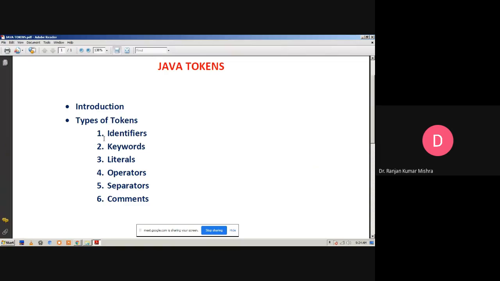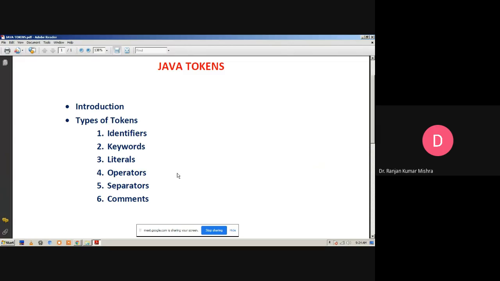Now we discuss operators. An operator operates on one or more variables and performs an action. It consists of words or symbols, for example arithmetic operators, relational operators, and bitwise operators. There are different operators supported by Java. So an operator is just like a symbol that is used to perform a specific task.